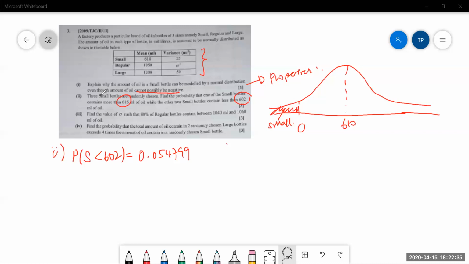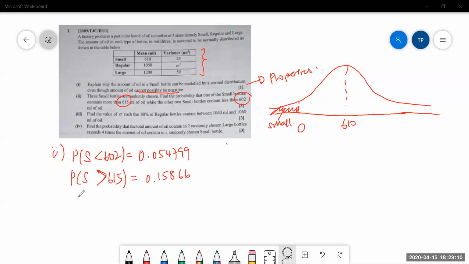So I have 3 chosen bottles. The next move will be to find S more than 615. Can you find that for me? 0.15866.